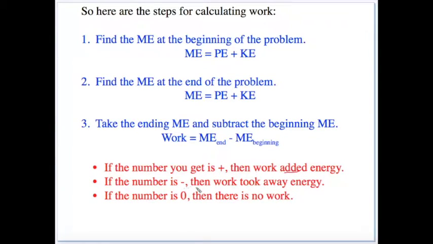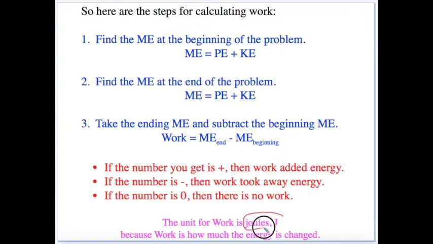If your work was a negative number, that means work took away energy. If the number is 0, then there's no work, and that means energy is conserved. And the unit for work is joules, because work is just a change in energy, and the unit for energy is joules.